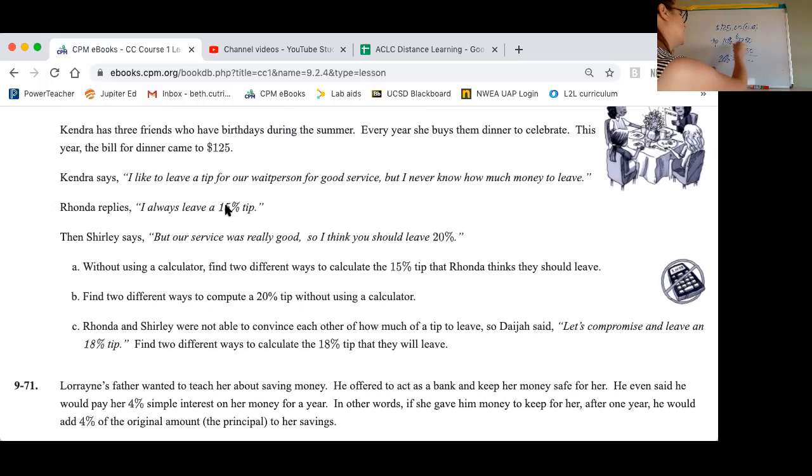You could do 10% plus 1% times 8. So 1% being $1.25. We multiply that by 8. $10. That's 18%. Still a big tip.